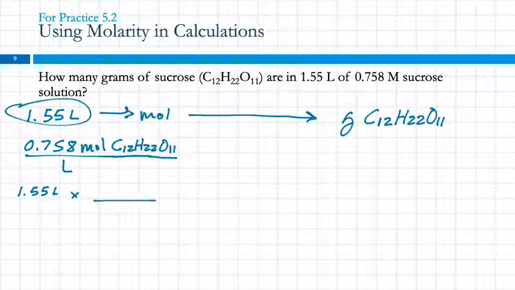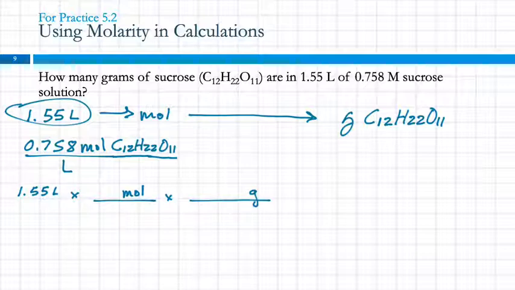That means I've got 2 fractions. So this is going, come on, pointer. There it is. Liters to moles to grams. That's what goes here. Liters to moles to grams.